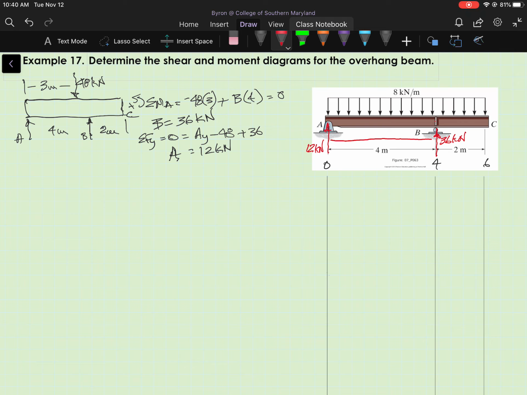But before I do that, which would be step 3, I'm going to continue with step 2 and keep going from left to right, starting at x equals 4, and look for any more discontinuities.